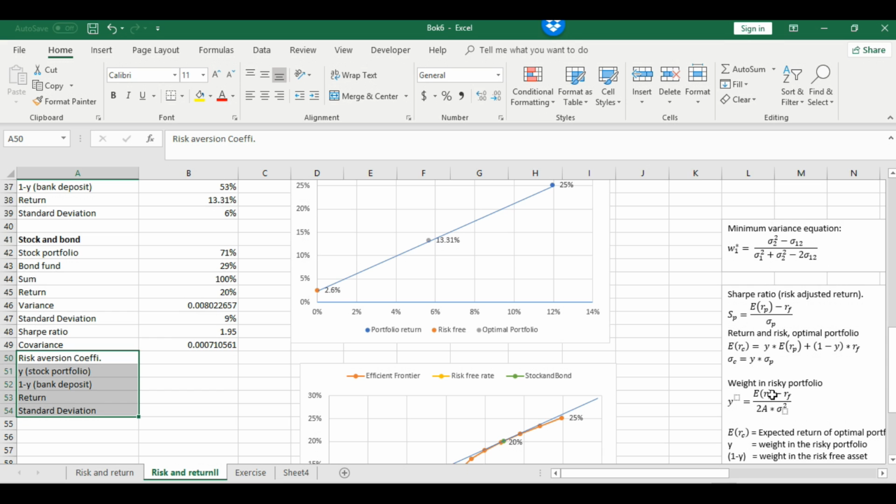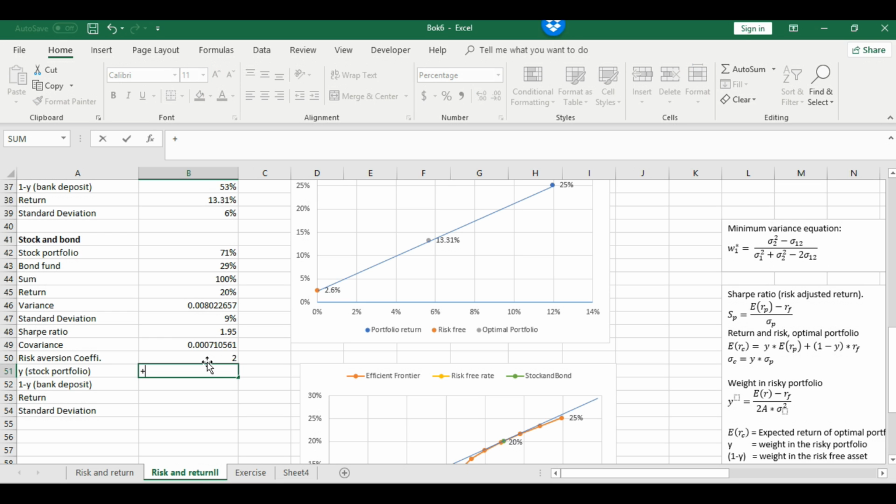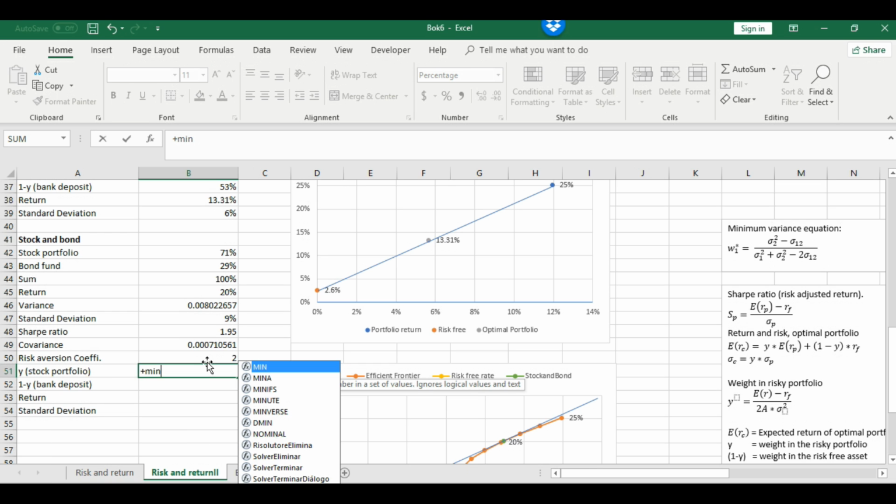We will use this formula. So we set a constraint so that the proportion doesn't exceed 100%.